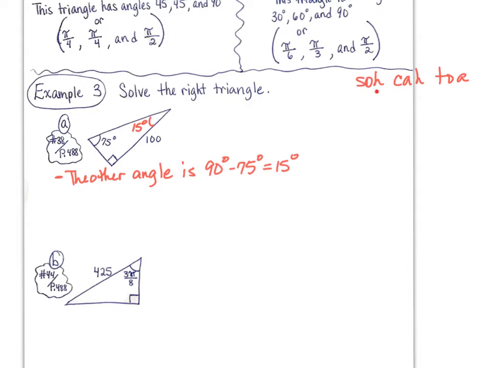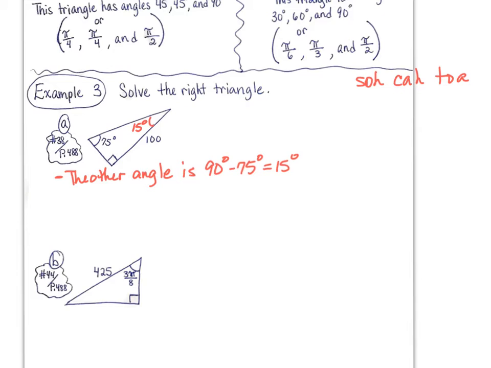Let's think about this. Let's think about what we know here. Sine of theta is opposite over hypotenuse. Cosine is adjacent over hypotenuse. Tangent is opposite over adjacent. Here, we don't know certain things, but the tangent would be opposite over the adjacent.